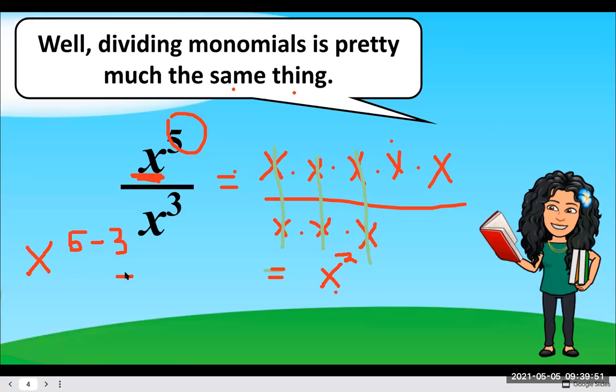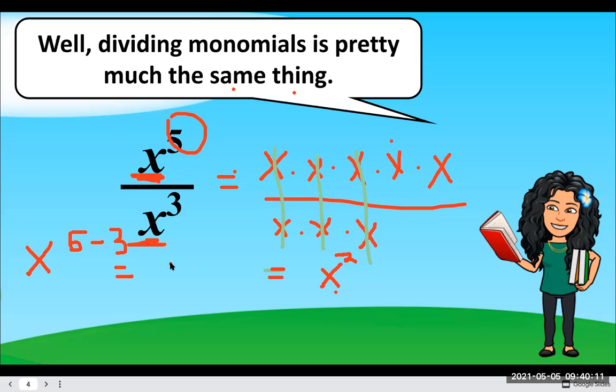So simplifying this using this rule, if the bases are the same, which is x, you can subtract the powers. The top goes first and then minus the bottom.